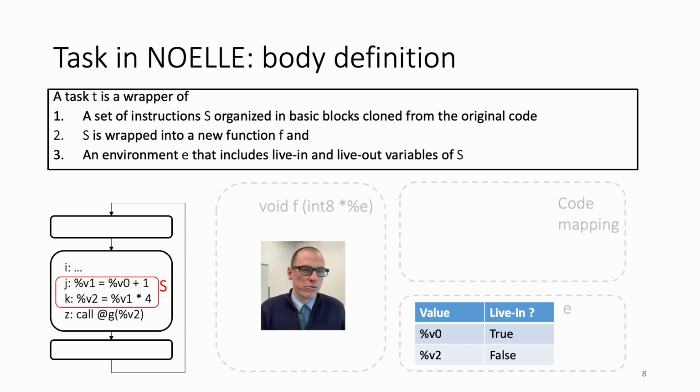In LLVM IR this will be an int8 pointer, and this object is going to contain all the live-in and live-out variables, in our case %v0 and %v2. So our signature of the function has void as a return type, because that's a constraint, and then one single parameter of type int8 pointer.